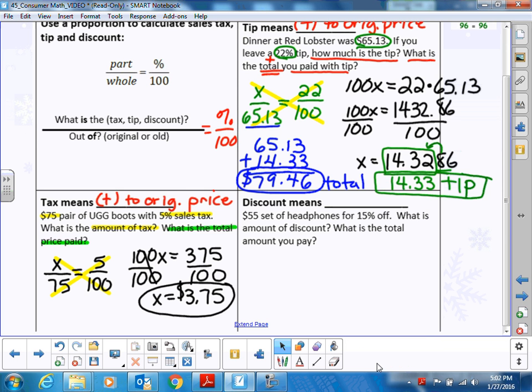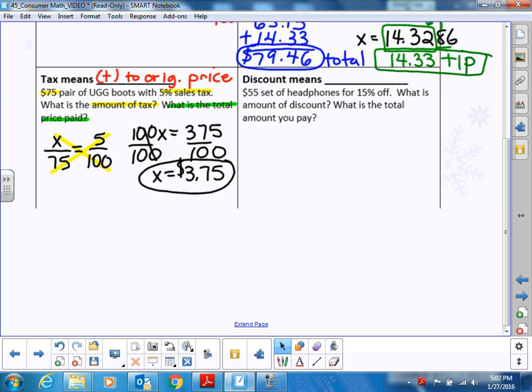Now our next question says, what do I do? $3.75 tax means I have to add it to the original price. So I go back to my original price, which was $75, and I have to add my tax in.